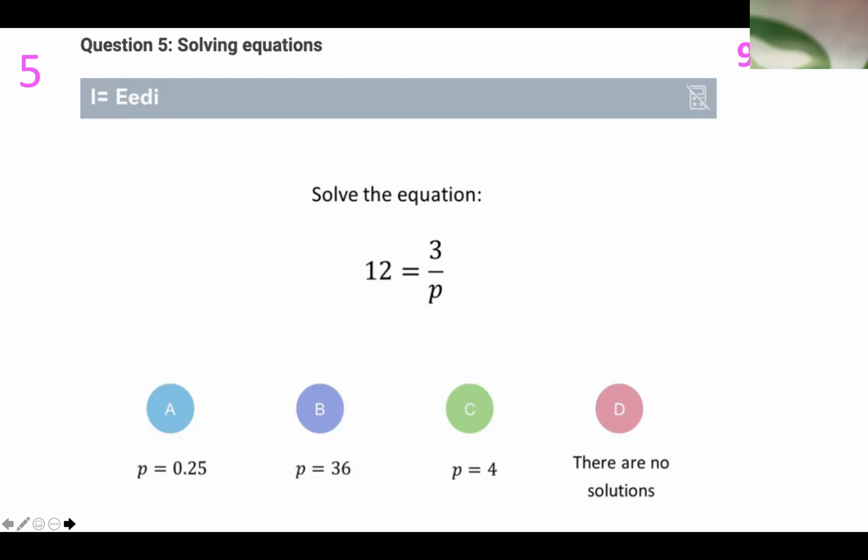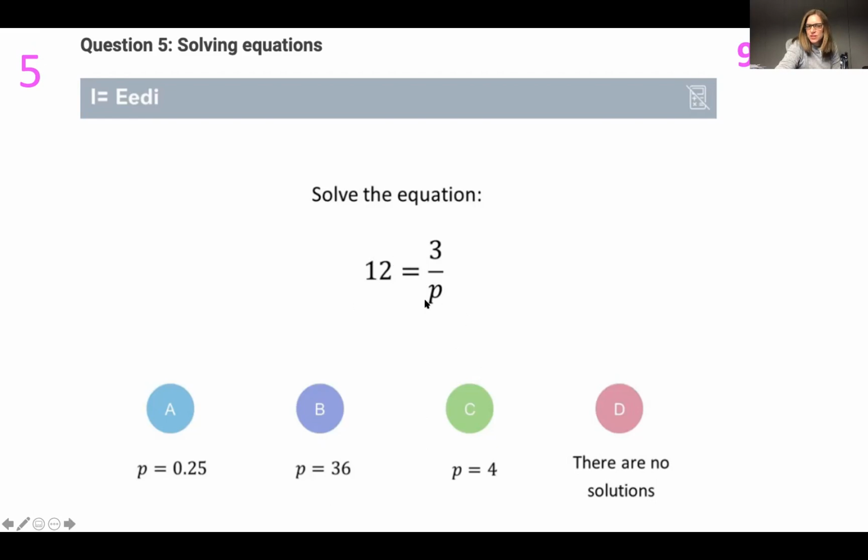Get ready with your answers in the chat. Do not press enter yet. Press enter in 3, 2, 1, go. Right. Last question. I'm really curious. I wish I could see the chat and I knew what you were putting in. Okay, let's have a look at it before I reveal the answer.